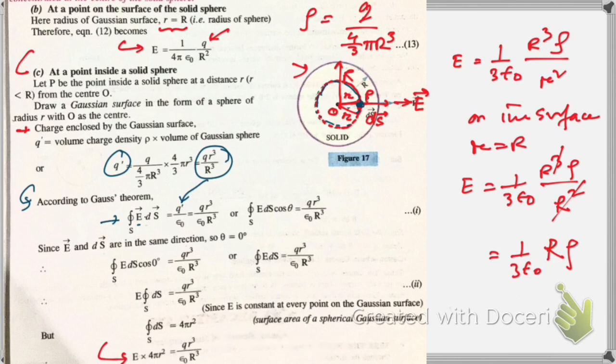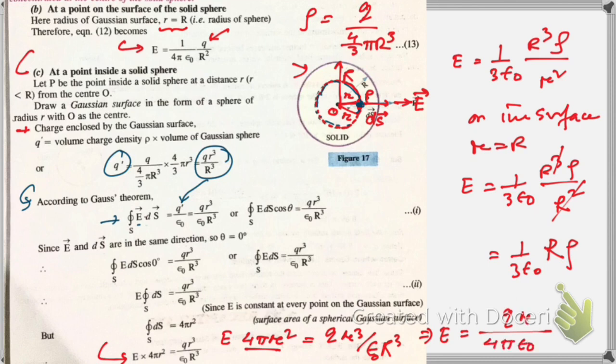Instead of integration ds, we're going to write 4 pi r square, that is nothing but the area of the Gaussian surface, equal to q small r cube by epsilon naught capital R cube. So this implies E is equal to q r by 4 pi epsilon naught capital R cube. That is what we get.